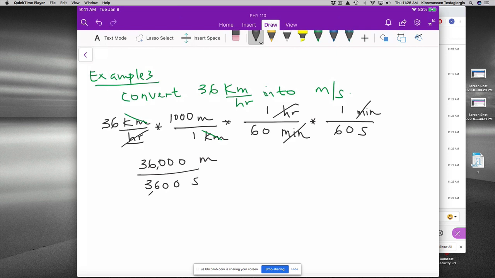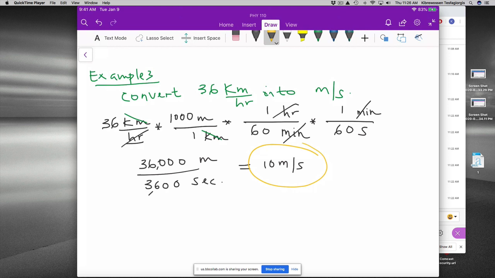Right? S represents seconds. Okay, guys. So now if you eliminate this, what you will have is 10 meter per second. That's how you find the combination of unit conversions.